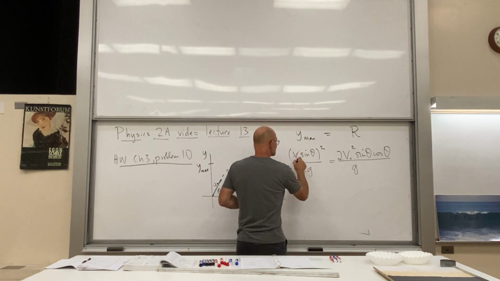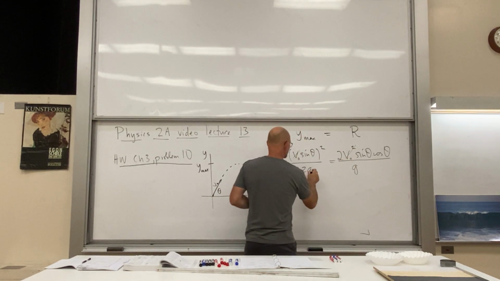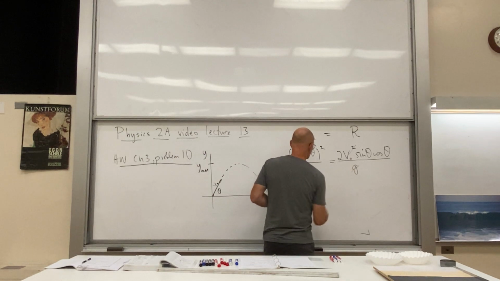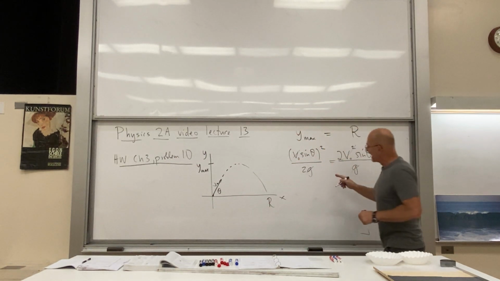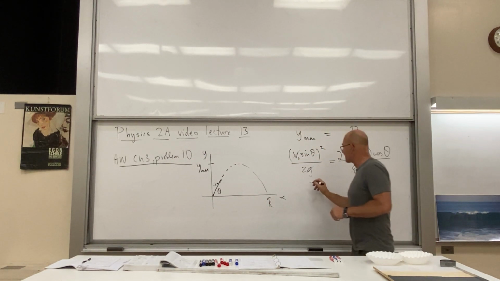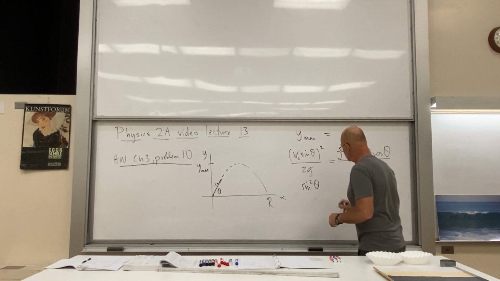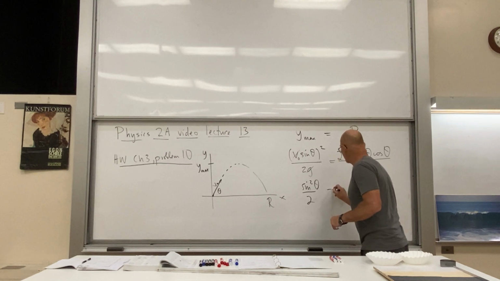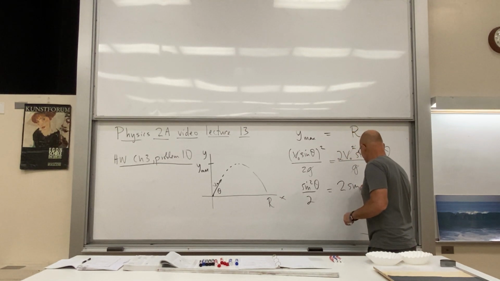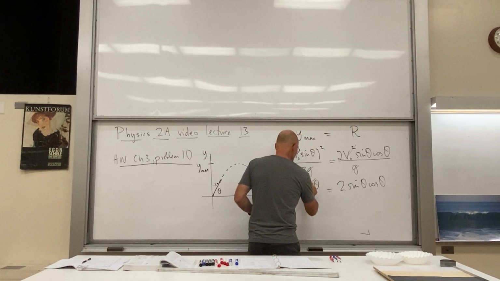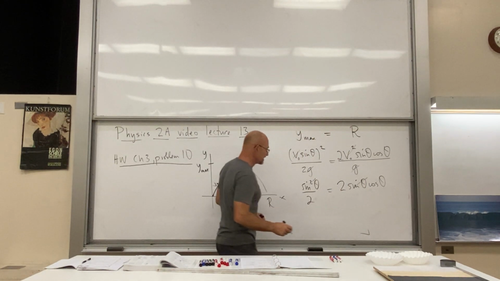We're going to have v0 squared on both sides, and g on both sides. And sine theta divided by 2 is equal to 2 sine theta cosine theta, so that gets rid of one of the sines on each side.